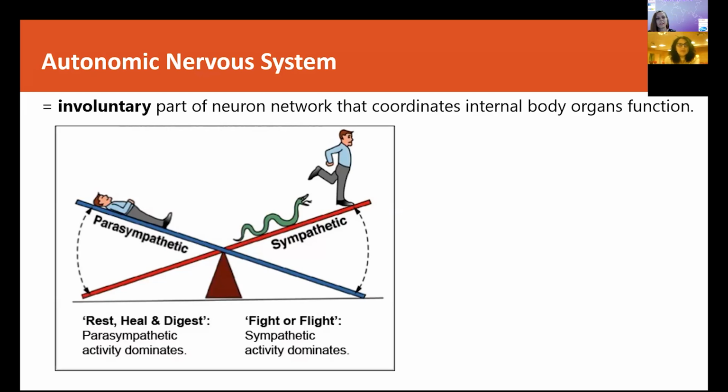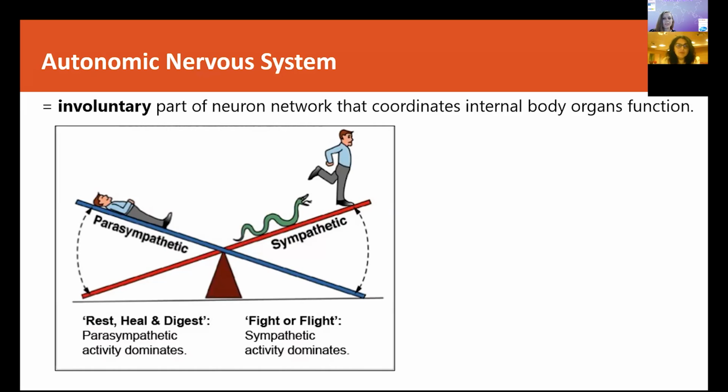And the key word in this term is autonomic. Autonomic means involuntary, something that we cannot control with our mind. And this is part of a neural network that coordinates internal body organ functions.